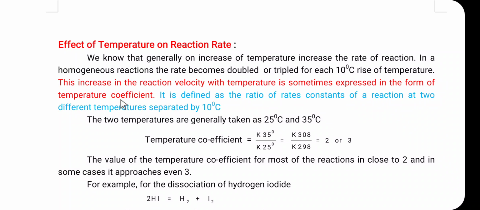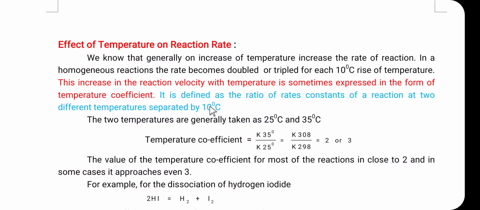This increase in the reaction velocity or the reaction rate with temperature is expressed in terms of the temperature coefficient. So let us define the term temperature coefficient. What is meant by temperature coefficient? Temperature coefficient is the ratio of the rate constant of a reaction at two different temperatures separated by 10 degree Celsius.